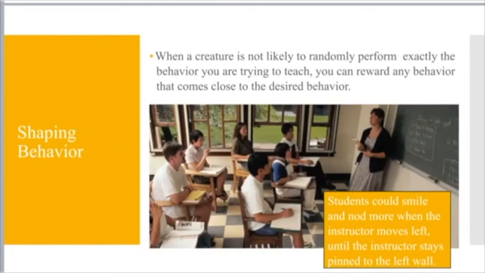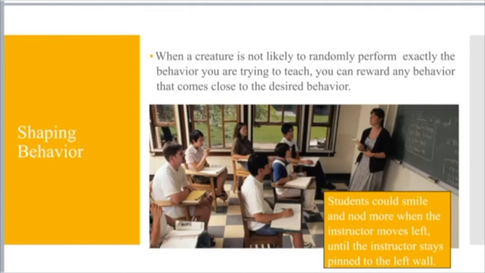So then with this understanding of reinforcement, how does this actually shape our behavior? The example here is kind of a myth that's talked about in psychology. It's called shape the instructor. If students smile and nod more when the instructor moves left, until the instructor stays pinned to the left wall, right?